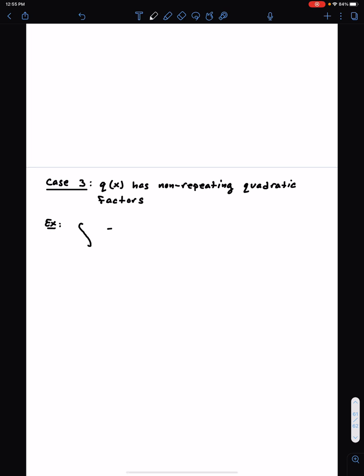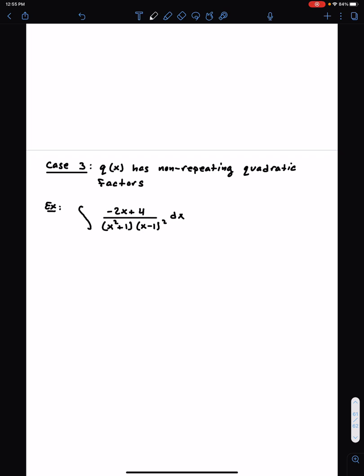The integral of negative 2x plus 4 divided by quantity x squared plus 1 times x minus 1 quantity squared dx. So for the partial fraction decomposition, I'll do the linear factors first.